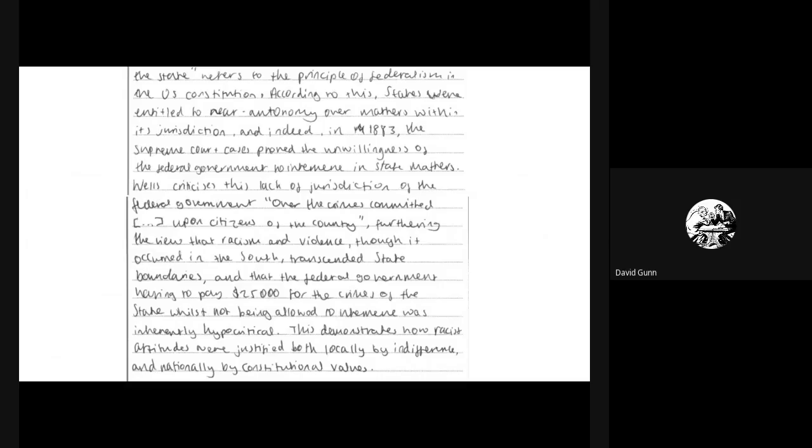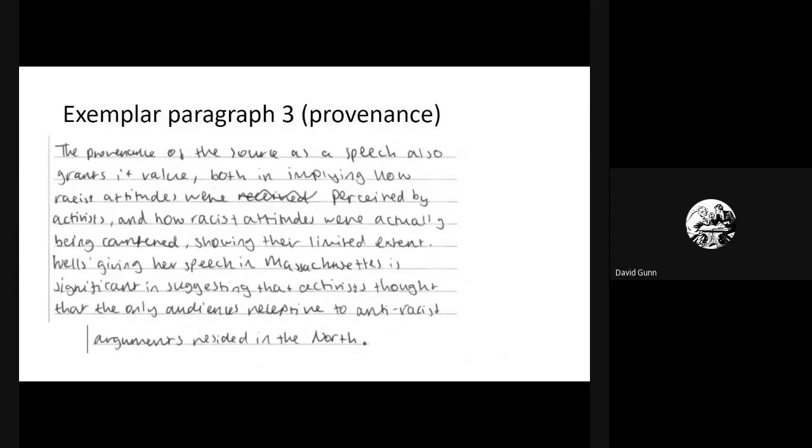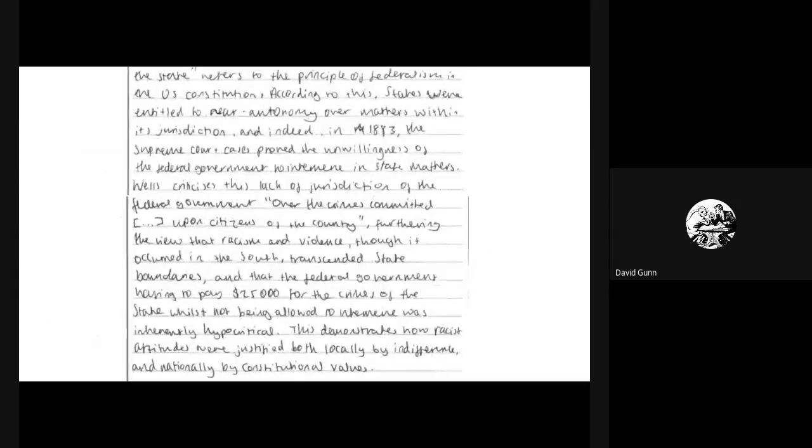So it's making this kind of inference, highlighting the value of the source in the point that it's making about the federal and state relationship. It's using various quotes and its own knowledge to explain the value of the source. So that's what you do in the 2 paragraphs to begin with on the 2 inquiries.